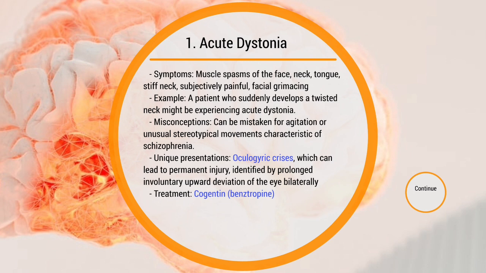What happens is the movement of the eye is stuck forward, an involuntary bilateral upward deviation of the eyes. I'll provide a picture in a second. What are we going to do? Cogentin. Cogentin, which is the same thing as benztropine.